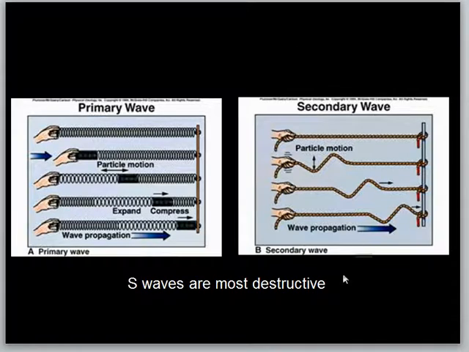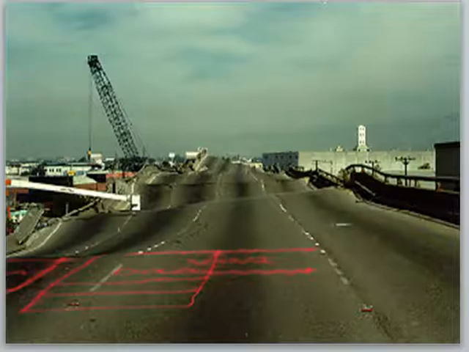The secondary wave, or the S wave, or the shear wave, is the back and forth shaking motion, and it's the shear wave that causes the most damage in an earthquake. Here's an example of a shear wave. I think this is the Loma Prieta earthquake in California, and a result of unsteady sediments and soil.